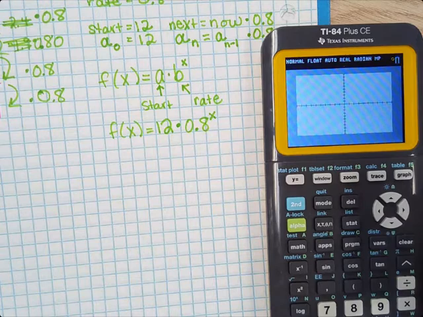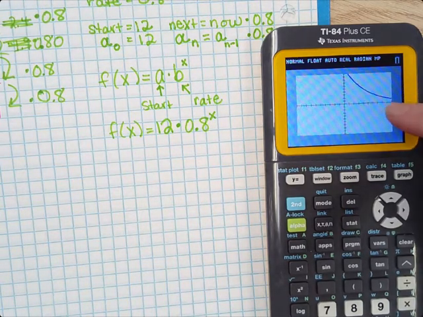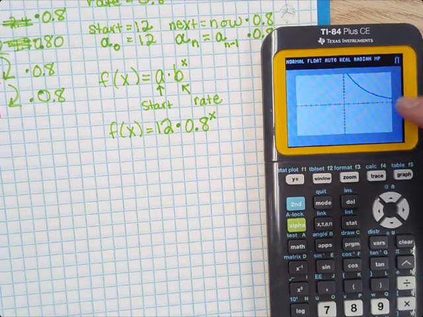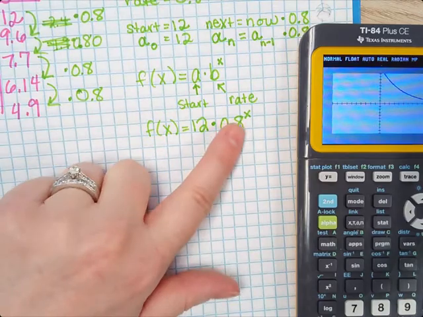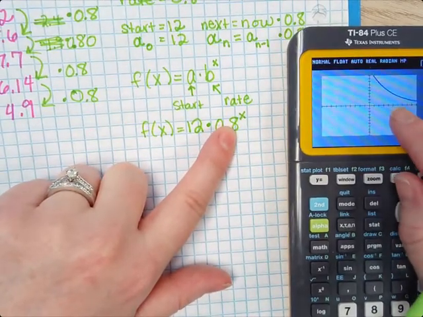So when we graph it, some things that you can look at is it's a decreasing function. It's going down, which is what our table looks like anyway. Our rate is less than 1, so it should be decreasing.